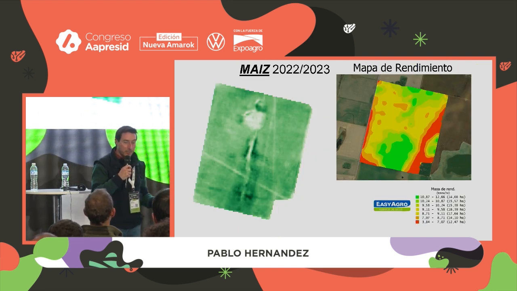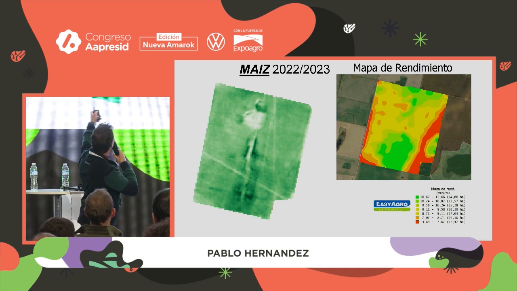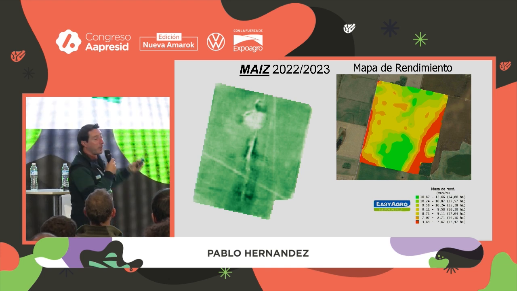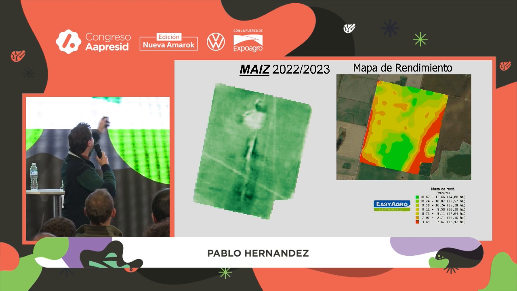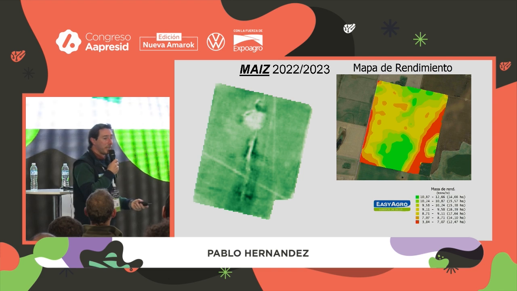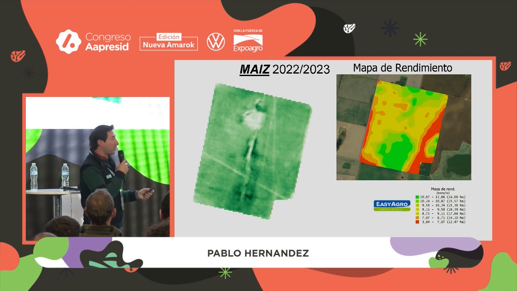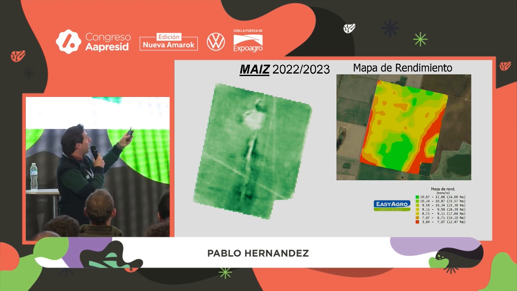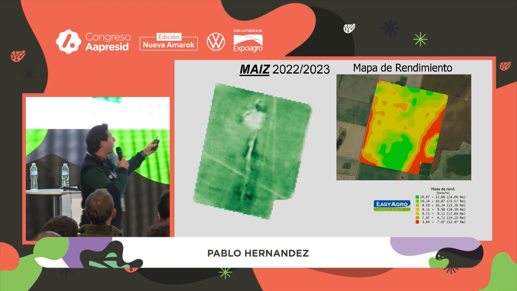In this lot, the producer decided to leave a strip of 50 meters without any kind of tillage. This is an image that shows the effect of the crop, and it shows perfectly well where no tillage was performed.